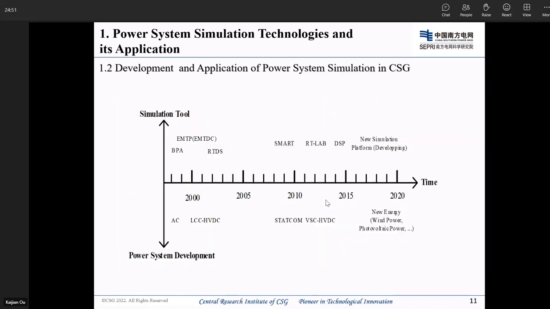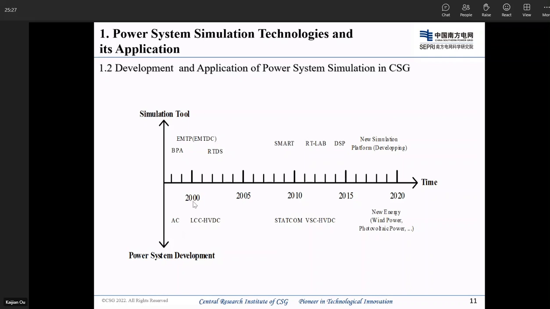So we want to develop simulation tools to study CSG. This picture shows how CSG developed its simulation tools. The simulation tool development follows the power system development, because with the development of the power system, the simulation tool also needs to develop.